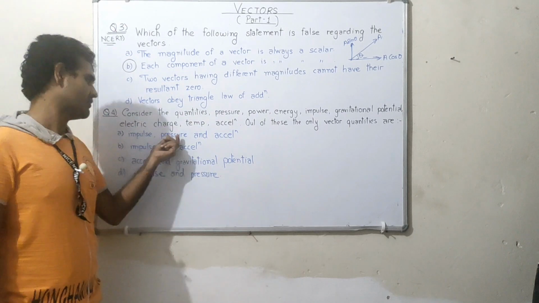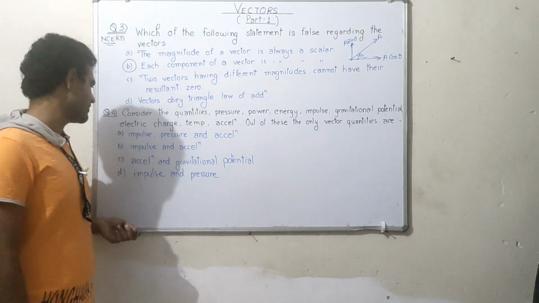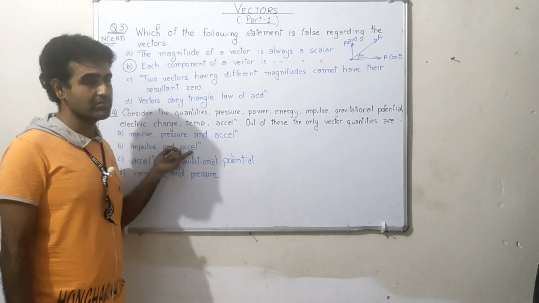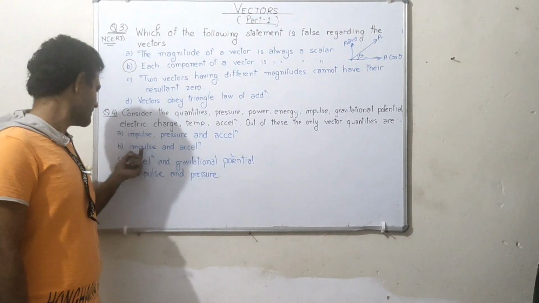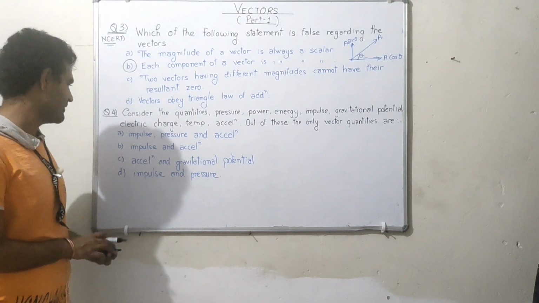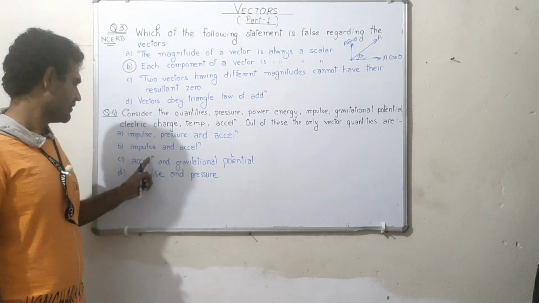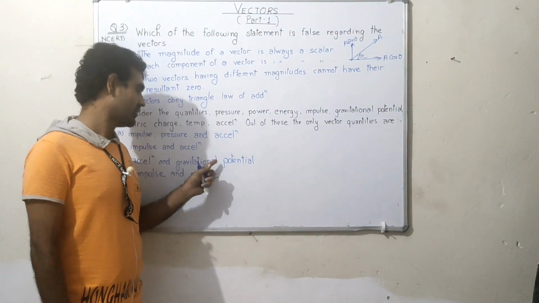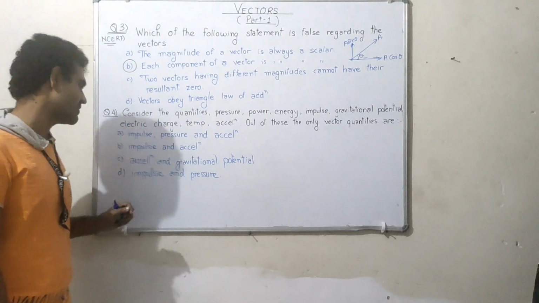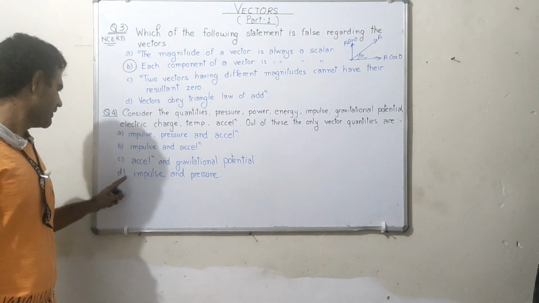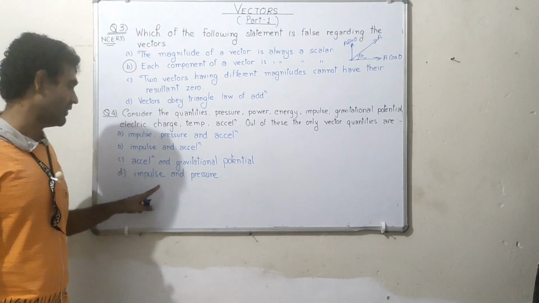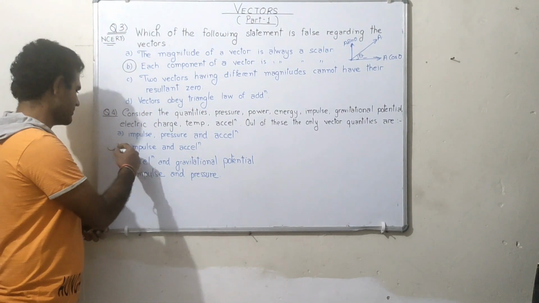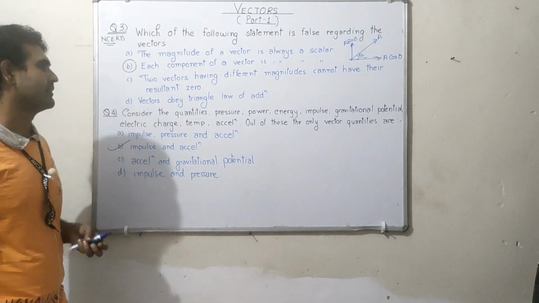So in this there is one scalar quantity, so this cannot be the answer option. Impulse is a vector quantity, and acceleration is also a vector quantity. So this can be the answer. Let's see the others also. Acceleration is a vector quantity. Gravitational potential is a scalar quantity. So this cannot be the option. Impulse is a vector quantity, pressure is a scalar quantity. So this cannot be the answer option. The answer option is B.